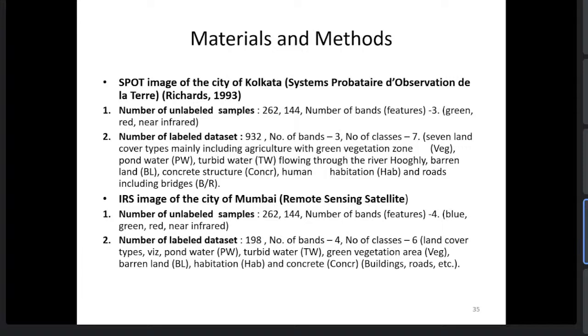The number of classes: the image has seven classes, seven land cover types. There is vegetation, because vegetation area was there in that image. Pond water is there. Turbid water is there, like the river Ganga, also called river Hooghly.